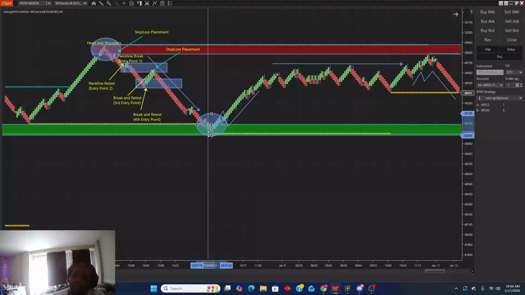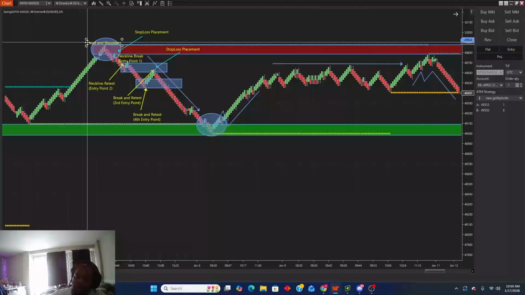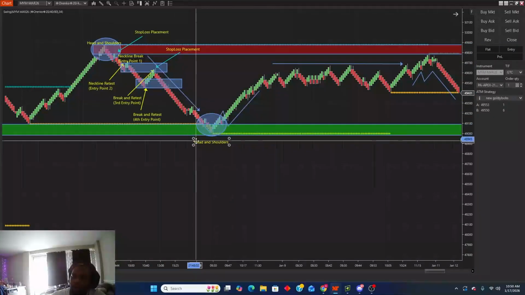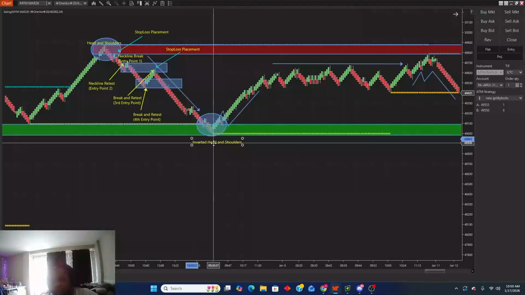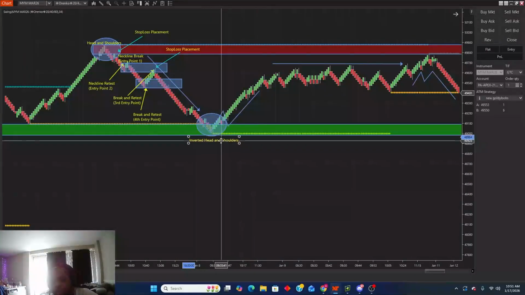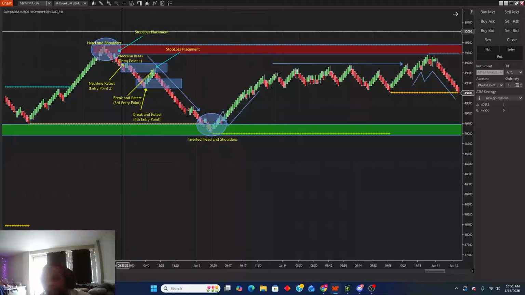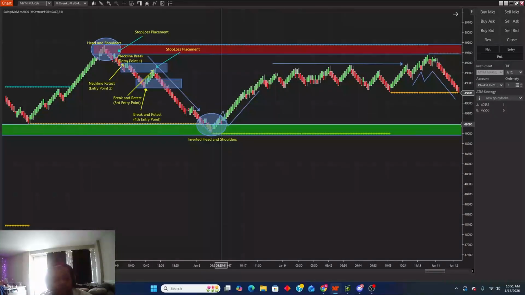Head, left shoulder, right shoulder. Inverted head and shoulders. You see? Same thing up here, just this one's more formed out, right?